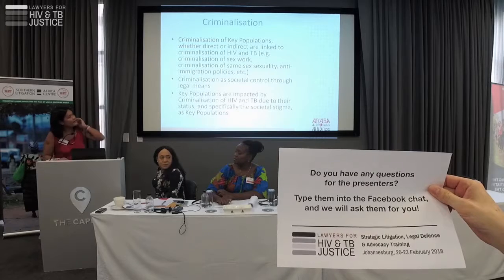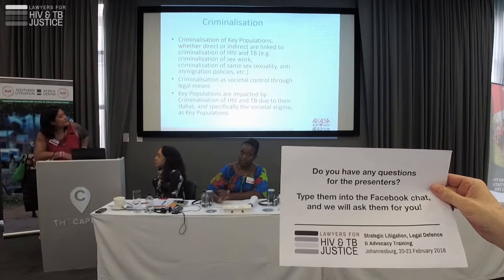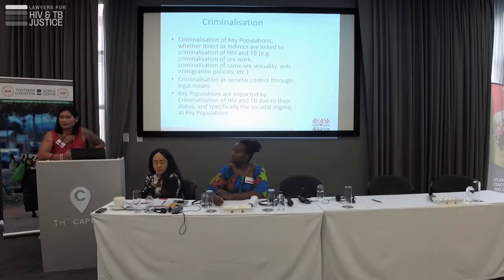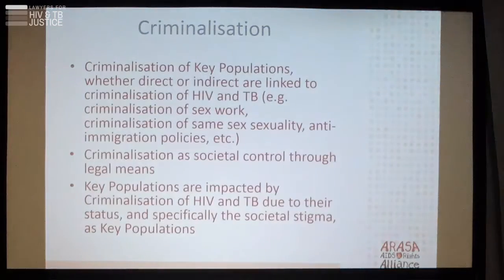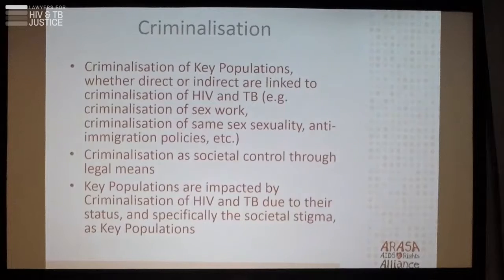And I want to talk about that a little bit more, because of criminalization of key populations, whether direct or indirect. I think it's important to understand that key populations are not just directly criminalized. For example, transgender people are not criminalized because they are transgender. Transgender people are criminalized often because they're perceived to be a man who has sex with men. They are perceived to be a sex worker when they walk over the street in a certain way.